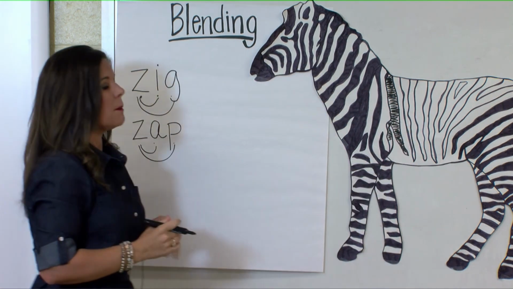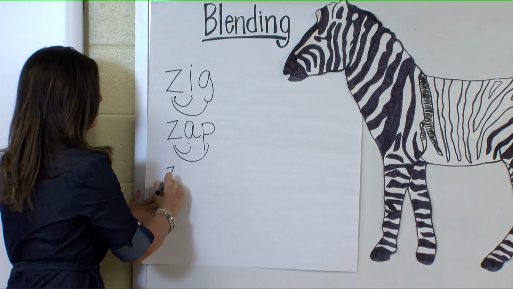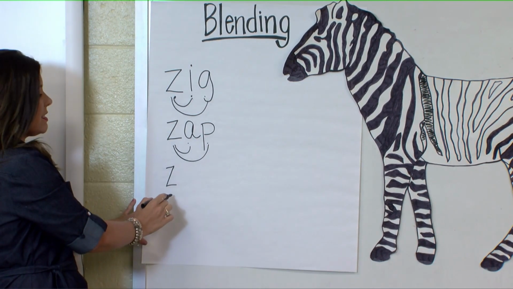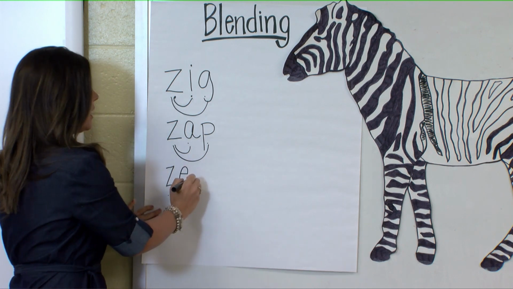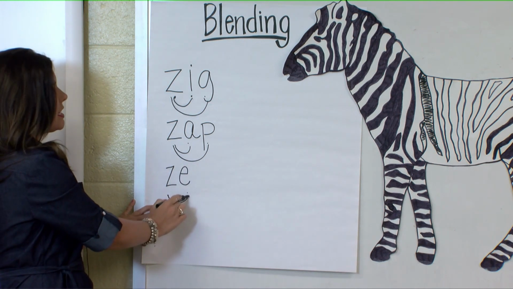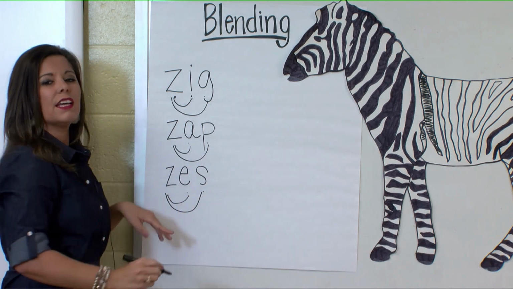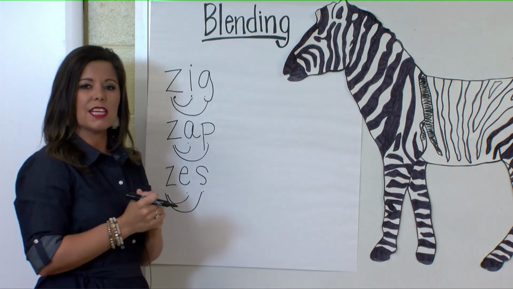Okay? My next word. Sound. Z. Very good. Sound. Eh. Remember, these are short sounds. Let's blend these two. Ze. Zest. Now, is this a real word? Have you ever heard that word zest?